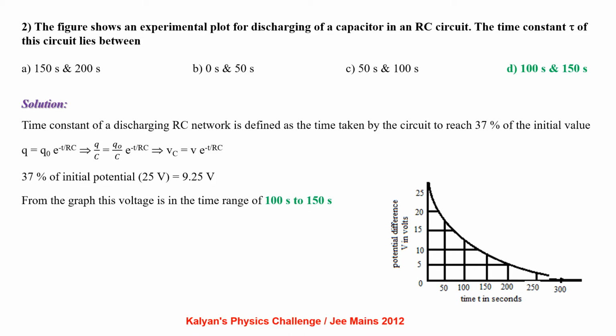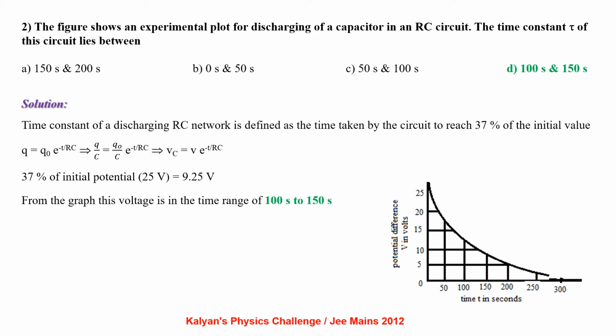The figure shows an experimental plot for discharging capacitor in RC circuit. The time constant tau of this circuit lies between: time constant of a discharging RC network is defined as the time taken by the circuit to reach 37% of the initial value, that is charge or potential. So Q equals Q naught e power minus t by RC.